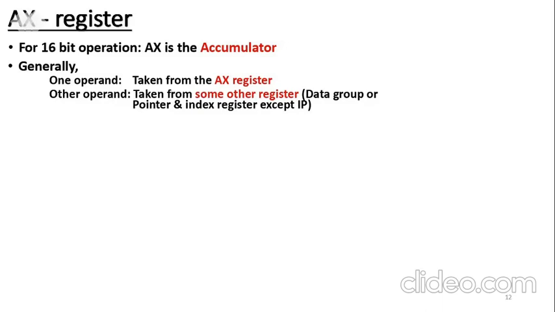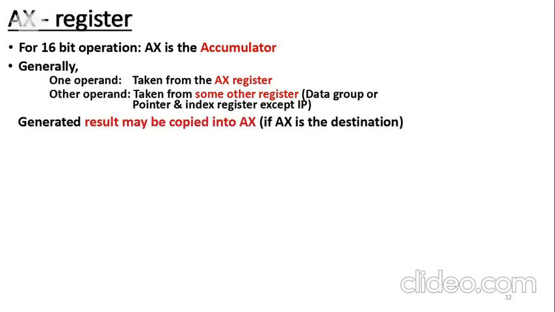The second operand is taken in some other register. There is a restriction that the other register should be from the data group of registers or pointer index registers, but the instruction pointer, the IP register, is not allowed. So the second operand is taken either from a data group register or a pointer index register, except the instruction pointer.